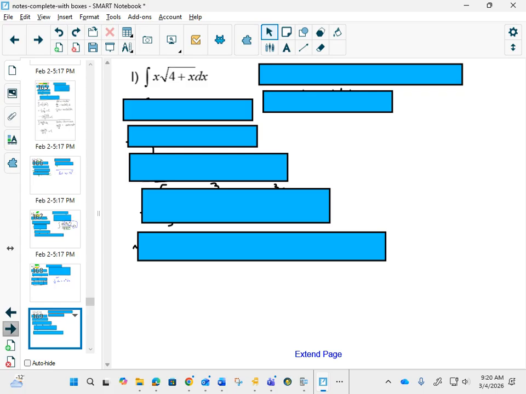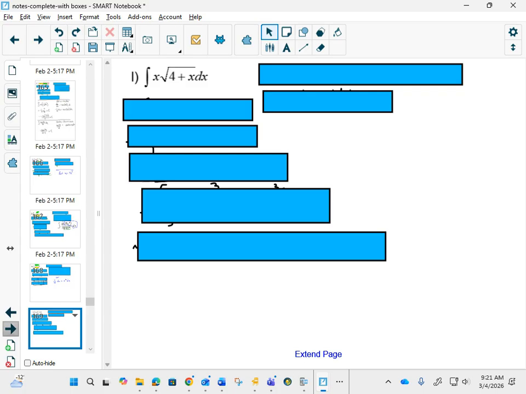So in this example, the typical student tries substitution, concludes that substitution doesn't work, and throws it away. Then they get stuck and say, I can't do this one. This isn't possible. But we're going to get a little bit creative.